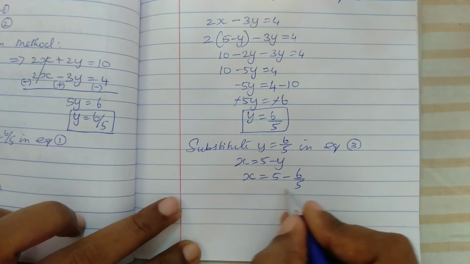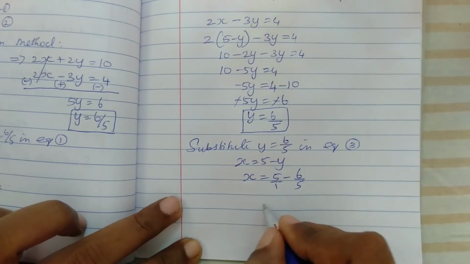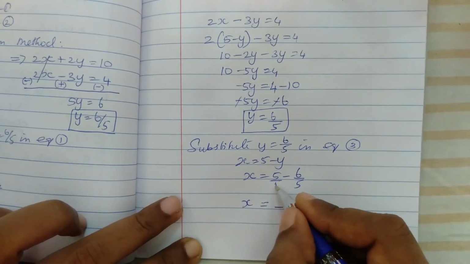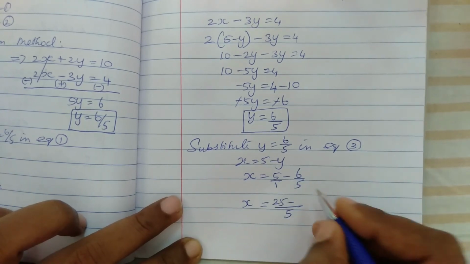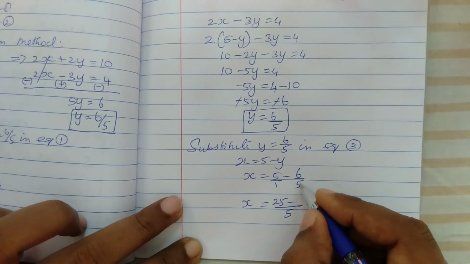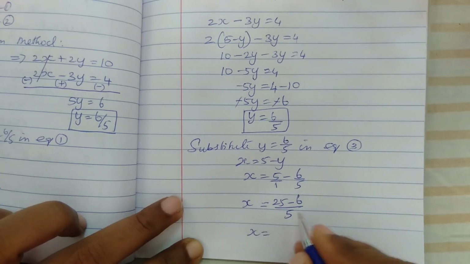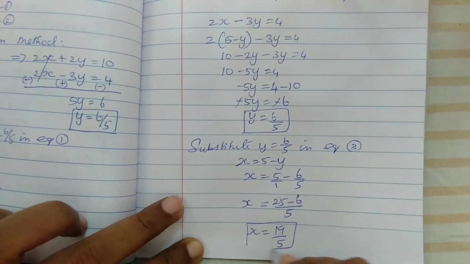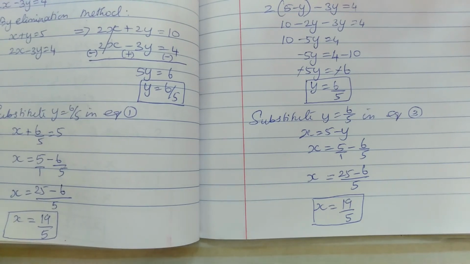Now again you need a common denominator, so you put by 1 here. Your LCM will be 5. So 1 5s are 5, so 5 into 5 is 25 minus 6. 5 1s are 5, so 1 into 6 is 6. So x is equal to 25 minus 6 is 19 by 5. Your value for x also is the same using both the methods.